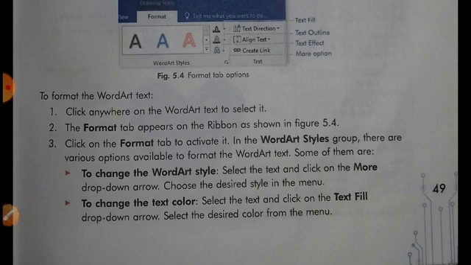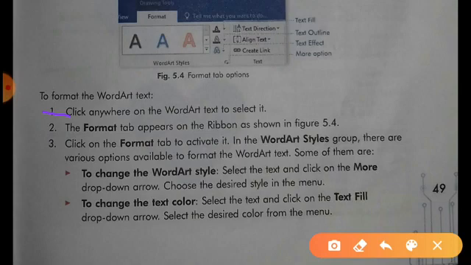Dear students, to format the word art text, you have to click anywhere on the word art text to select it, and then the Format tab appears on the ribbon as shown in figure 5.4. Just dear students, you have to click anywhere on the word art text, then you will see the Format tab will be activated on the ribbon.